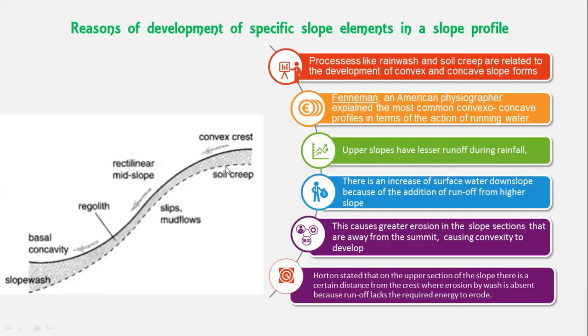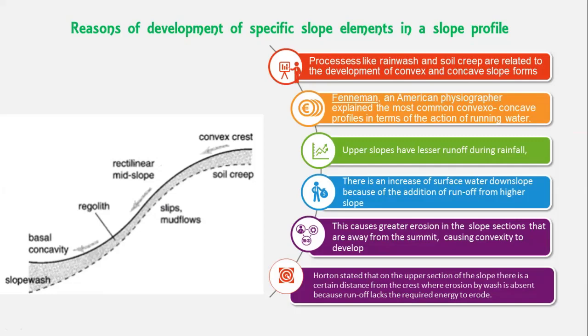When the interstream connectivity is less, runoff will also be less. So water would move as a thin sheet downstream. When the water moves as a thin sheet downstream, slowly it will get loaded with various particles. And as it moves downstream, there will be an increase of water.